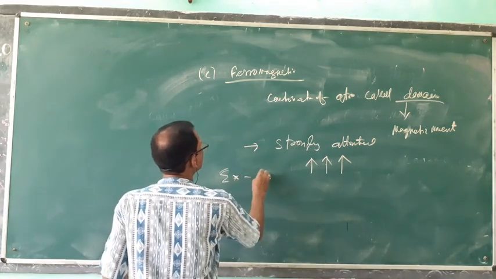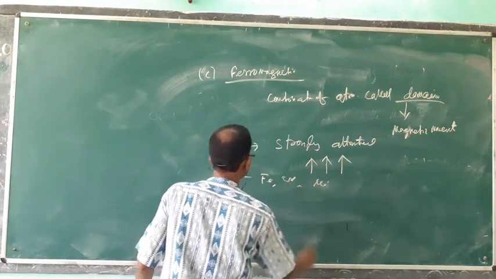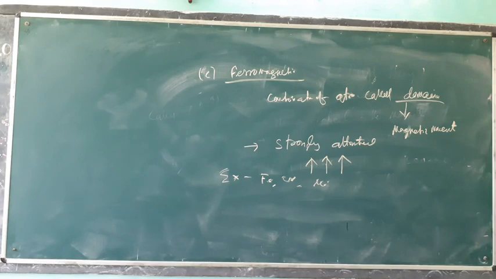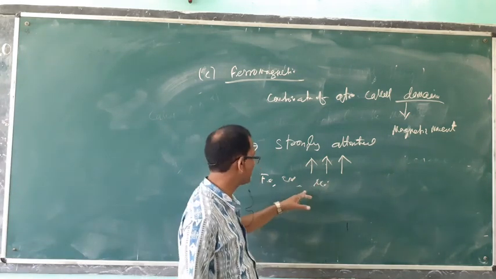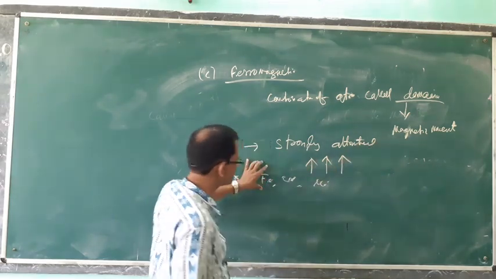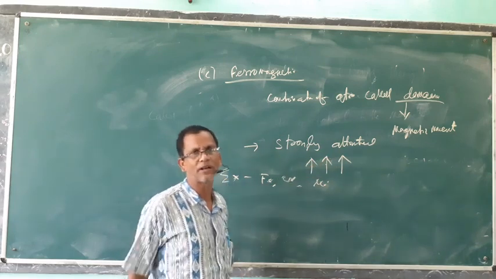Examples are iron, cobalt, nickel, like this. These are the ferromagnets, iron atoms, cobalt atoms, nickel atoms forming the domain. The magnetic moments of these atoms will be aligned parallelly with the external magnetic field.